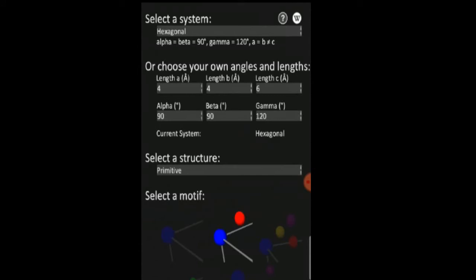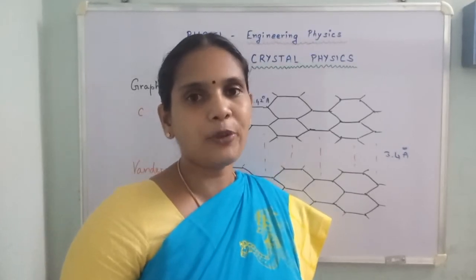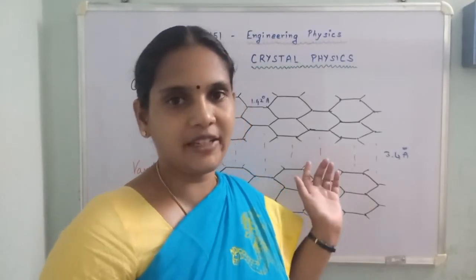So you can just install this app and try various combinations of motifs for various crystal structures. You can also give your input for length or angles and try out different kinds of crystal structures that are possible. Let us consider another allotrope of carbon, the graphite.